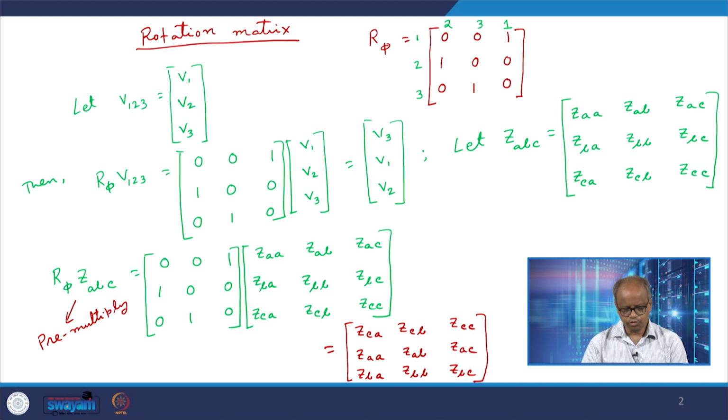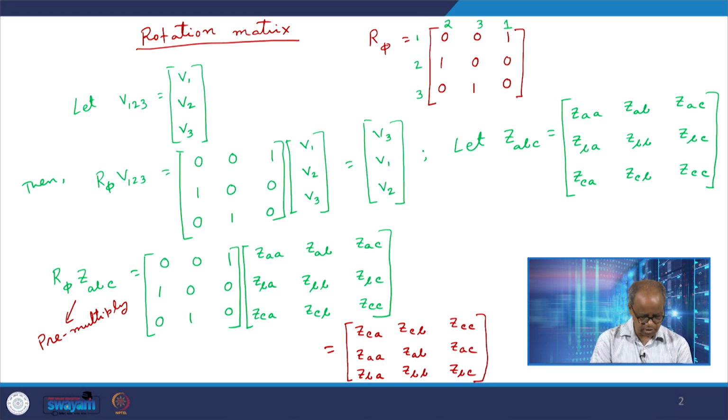We showed that if we pre-multiply this rotation matrix with any vector, the effect is to shift the third row to the first position. When we pre-multiply this rotation matrix with a 3 cross 3 impedance matrix, the effect is also the same: we shift the third row to the first position.